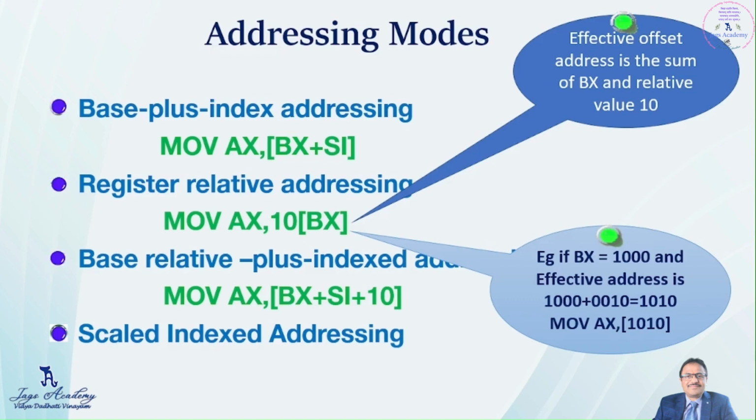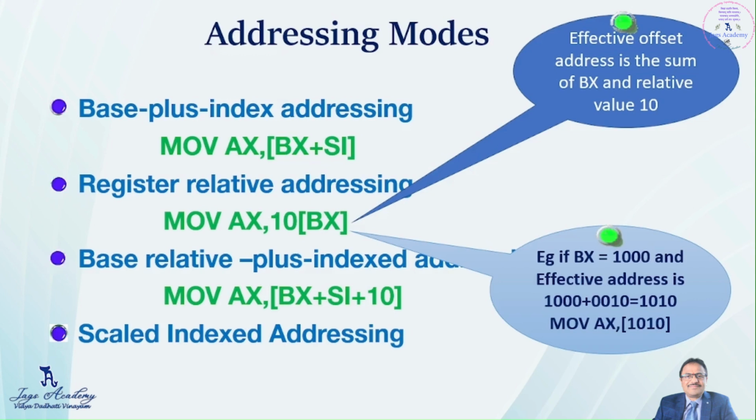This instruction is also equivalent to MOV AX, comma, within the square bracket BX plus 10. Instead of writing within the square bracket BX plus 10, we can also write 10 square bracket BX. The effective address is now the content of the BX register plus, relative to that, 10.